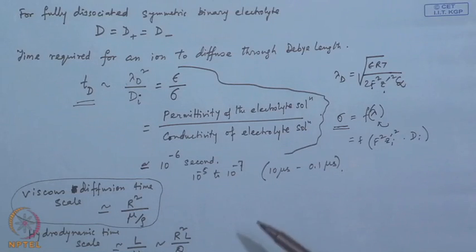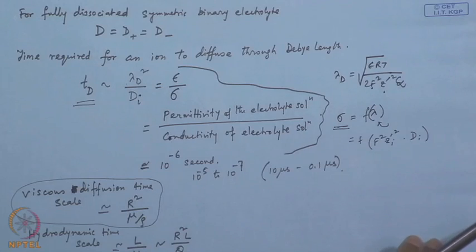So you do not have any issue of the ions not having formed properly while you are forcing the flow to go out. Then you can use the full potential of this mechanism. So these time scales are extremely important.